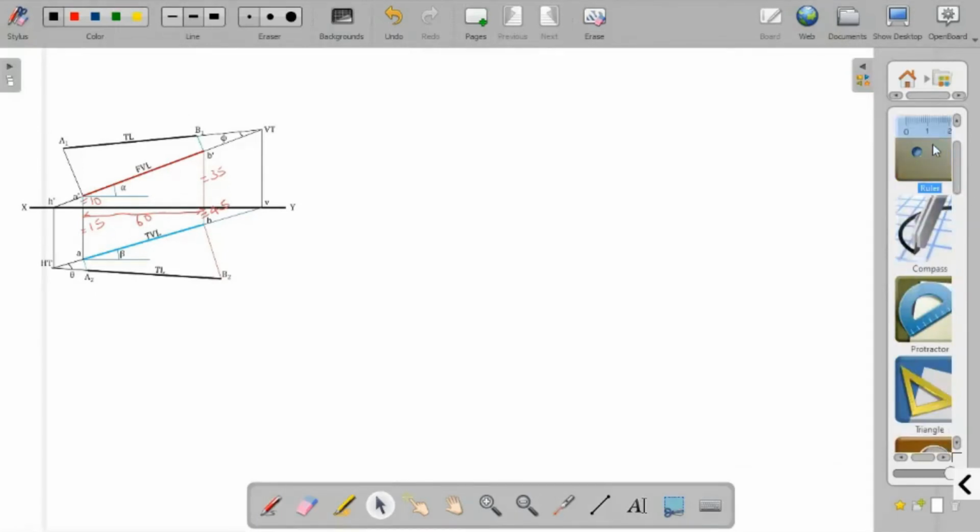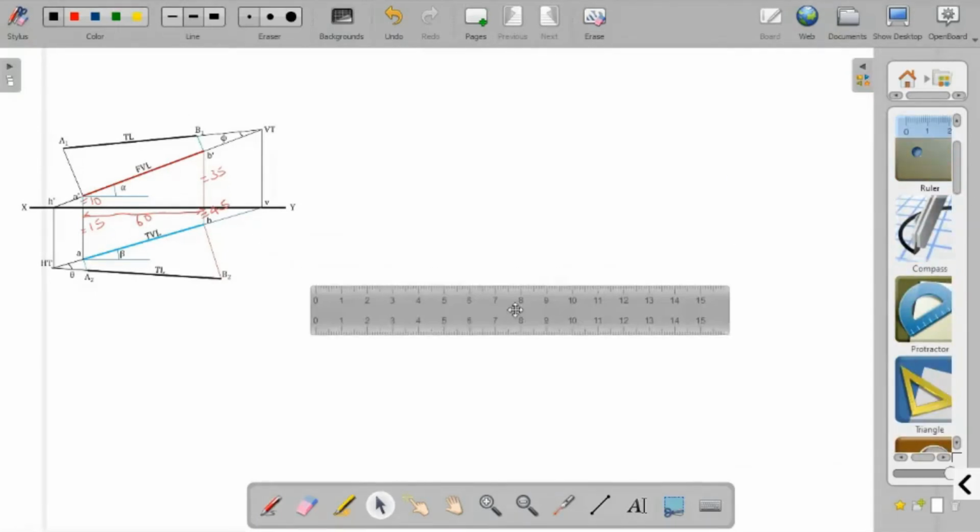Now we take our scale to draw the XY line. So this is our XY line.